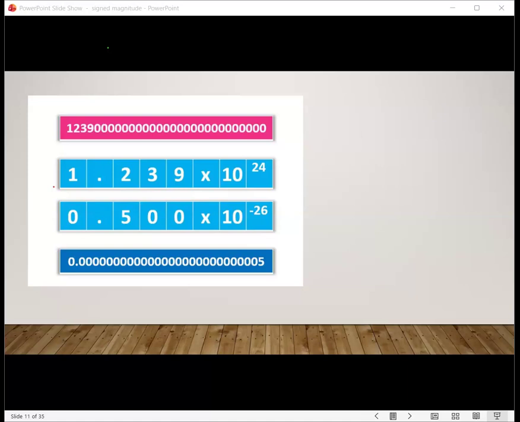So in binary, how do we write? For example, if we write 1 1 0 0 1 0 1 0 0 1 0, we can write it as 11.00101010 into 2 to the power of 9.